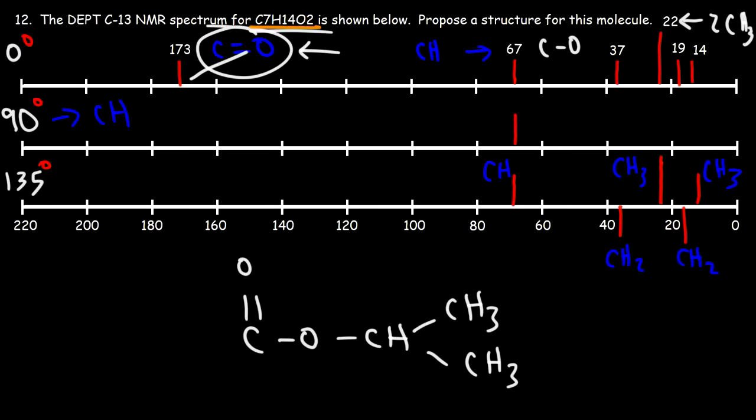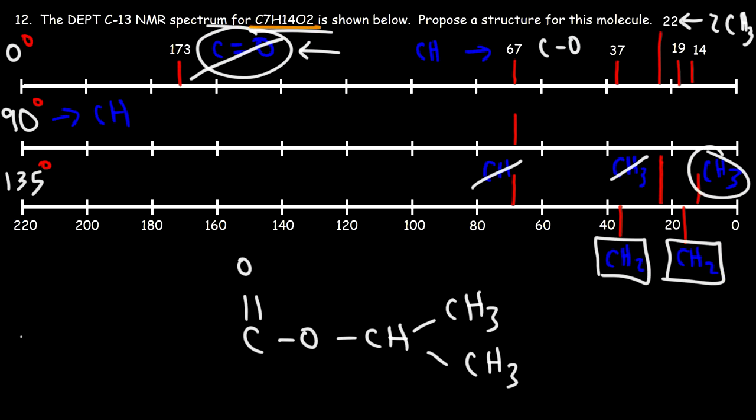So far, we've considered the carbonyl group, the CH carbon, and the methyl group with the tallest peak. And so left over we have 2 methylene groups and another methyl group. Now the other methyl group has to be at the end. Methylene groups exist in the middle of a chain without any additional branching.